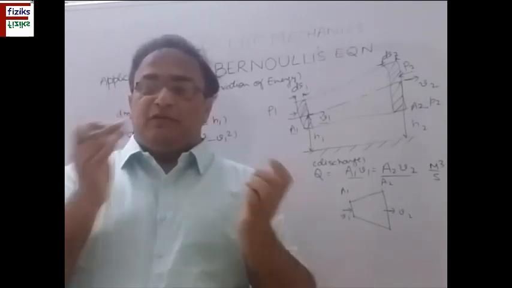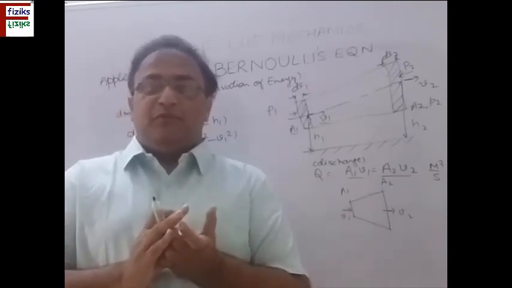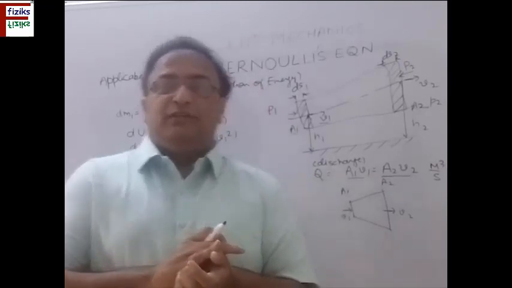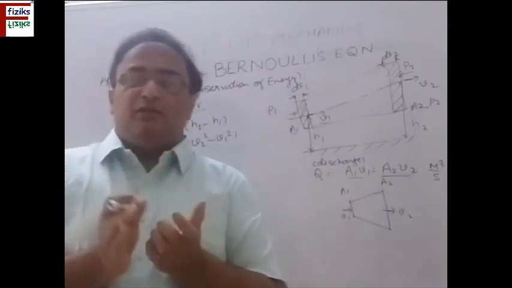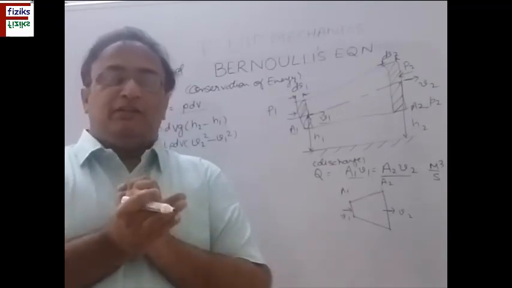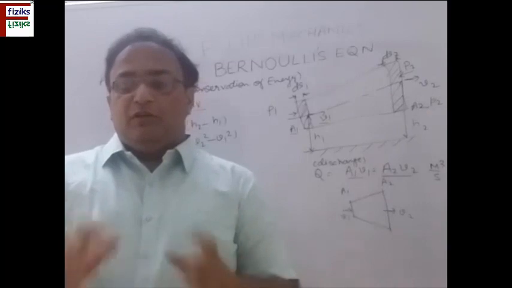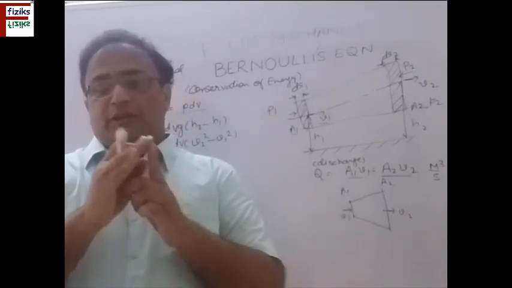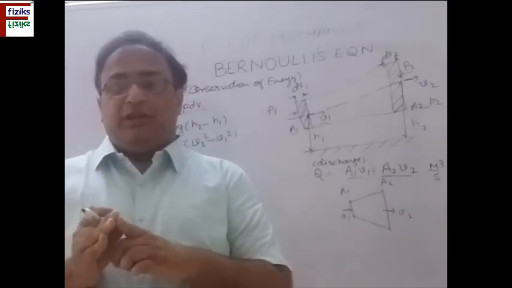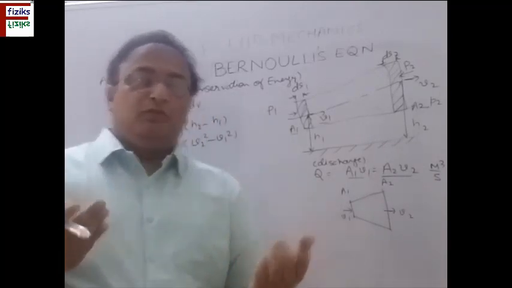So the net work done must be equal to the net change in the energy, as you have studied in thermodynamics. This is a general rule. Work is converted into energy, and here there is no loss of energy. In actual fluid, there are losses of energy. So net work done is equal to net change in the energy, depending on whether work is done by the fluid or on the fluid.